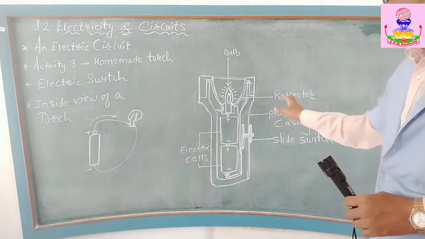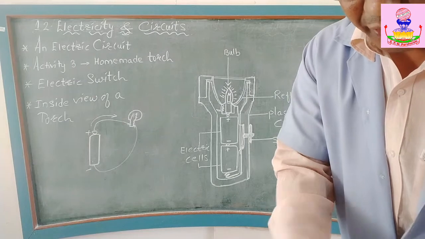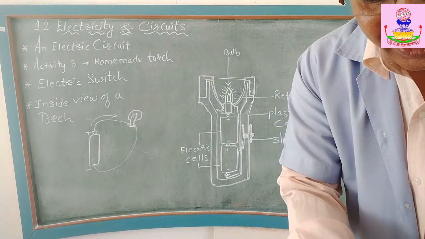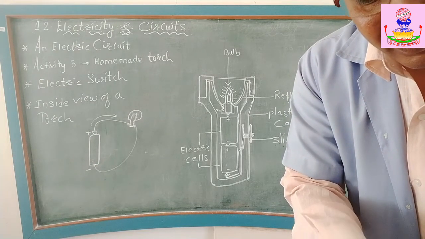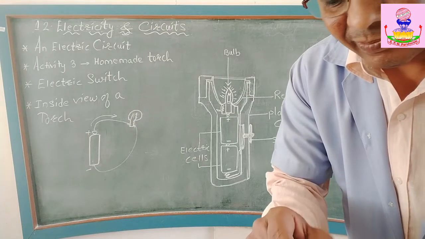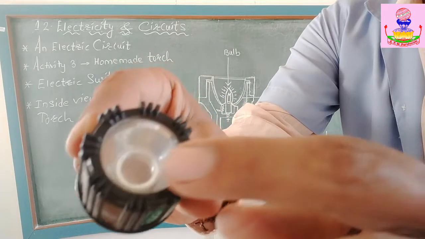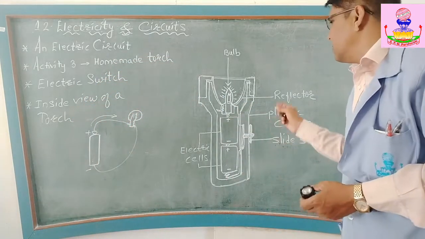Then the reflector. See here inside, if possible I'll remove it, because in some cases it is not possible. No, I cannot. You can see here inside, this silver shiny part is the reflector.